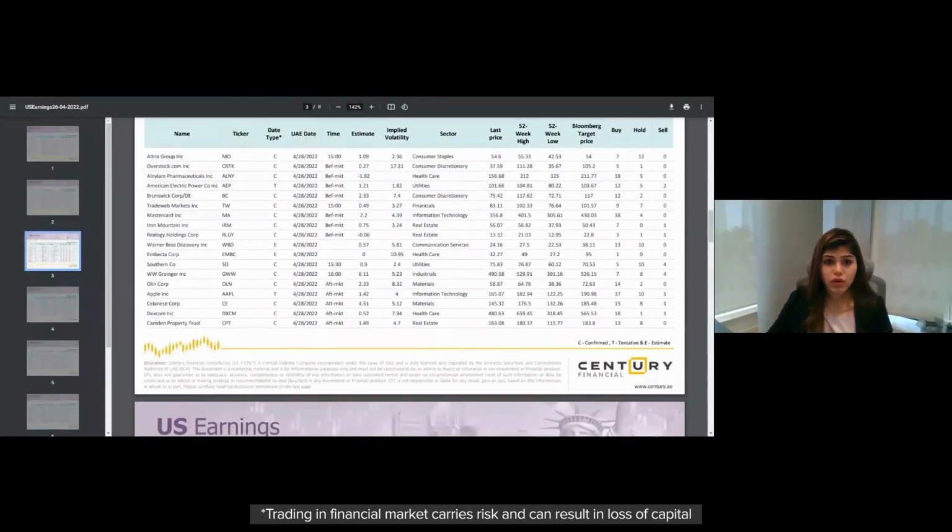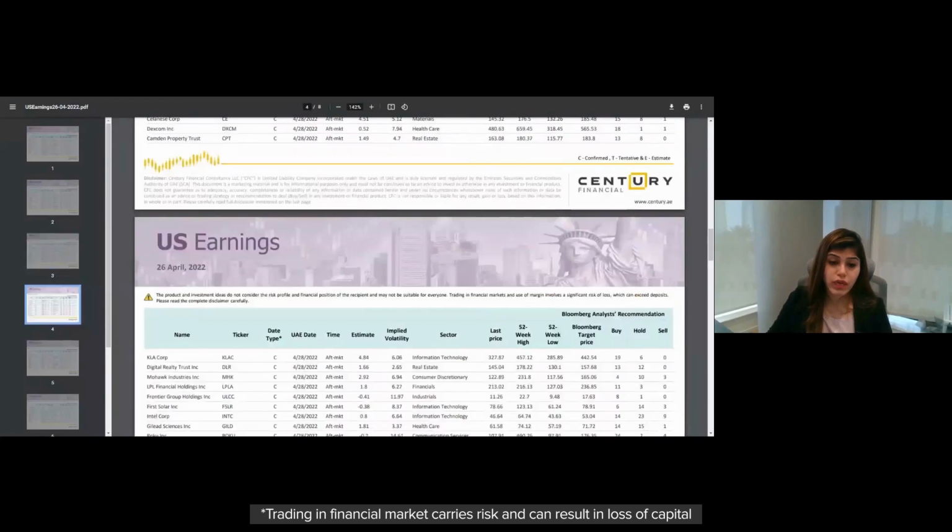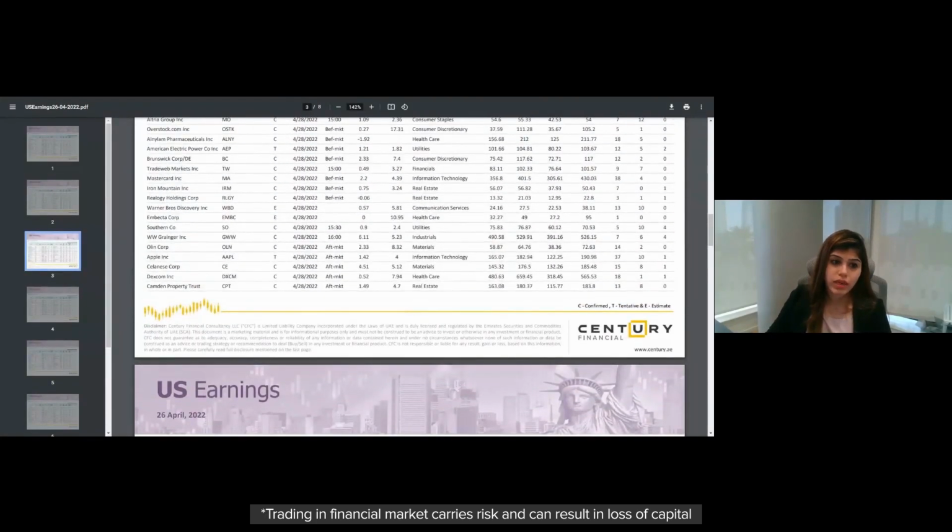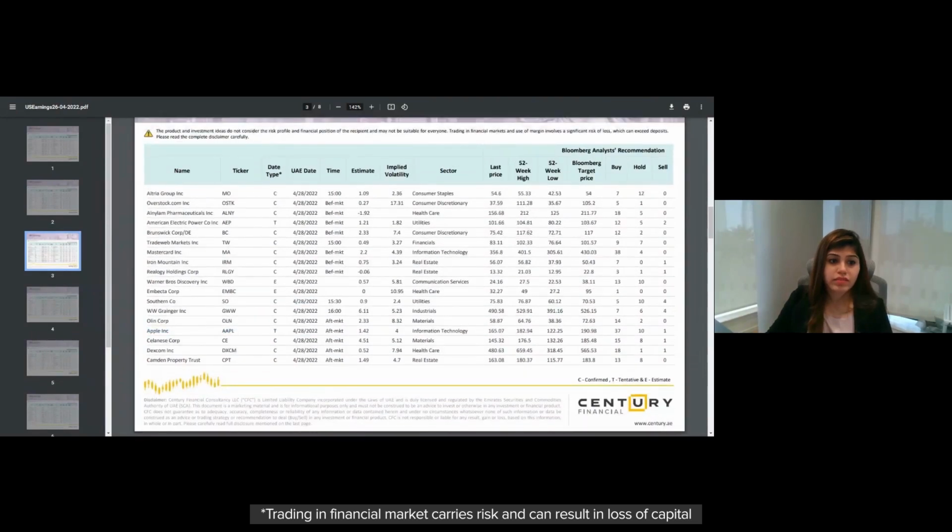This is just for a period of 2 days, from 28 to 29, and we have so many companies. We have Apple that is expected to report. We also have Mastercard that is expected to report between 28 and 29. So this is the name of the company.